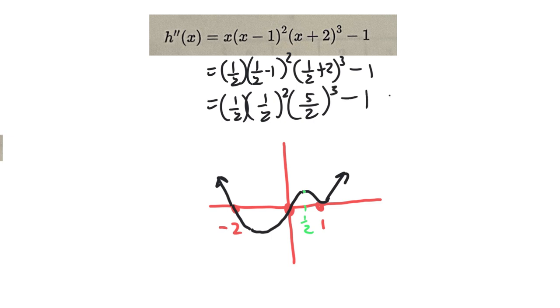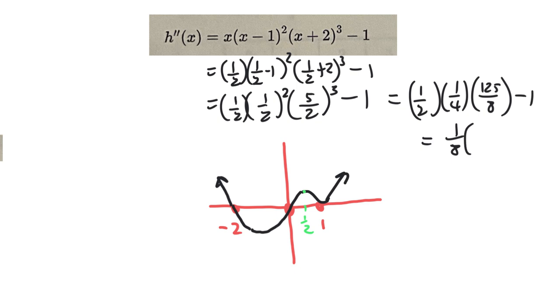And that's that. So we have 1/2 times 1/4 times 125/8 minus 1. So we're looking at 1/8 times 125/8. Let's just call this minus 1 for now.